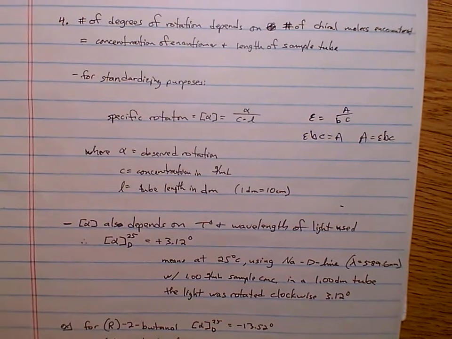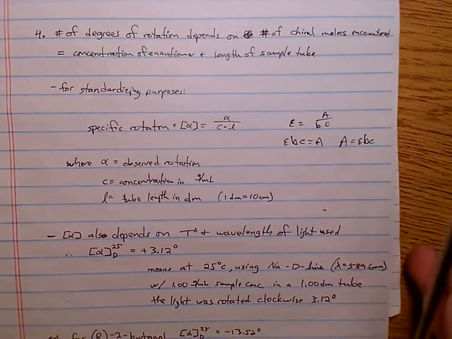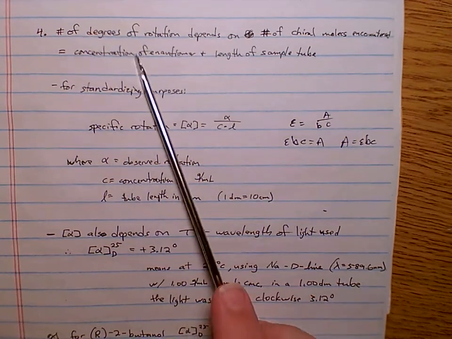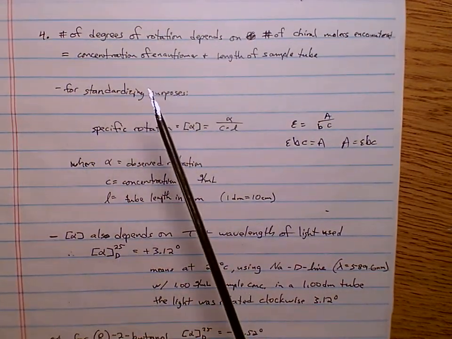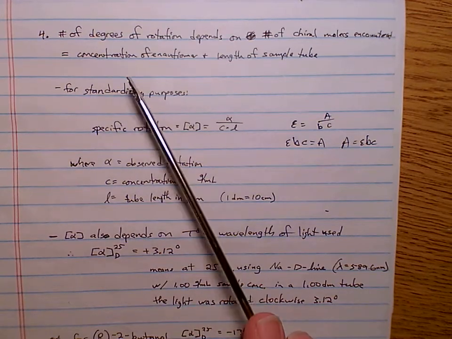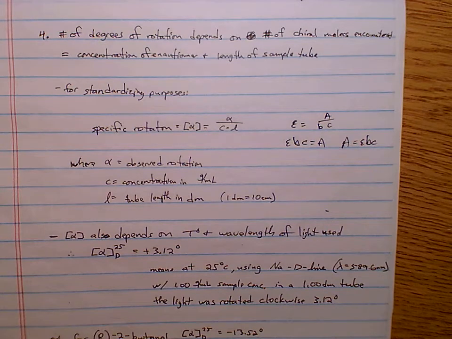So, how many degrees of rotation will you get? How much will it rotate? Well, it depends on a number of factors. It depends on the concentration of the enantiomer. The more enantiomer you have, the more molecules the light will interact with, the more rotation you'll get. The length of the tube: the longer the tube is, the more molecules the light will hit.